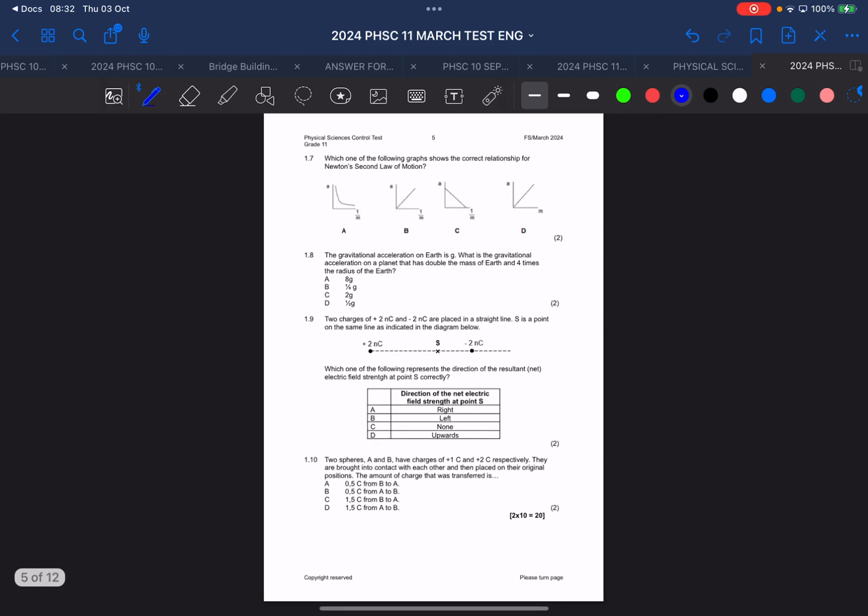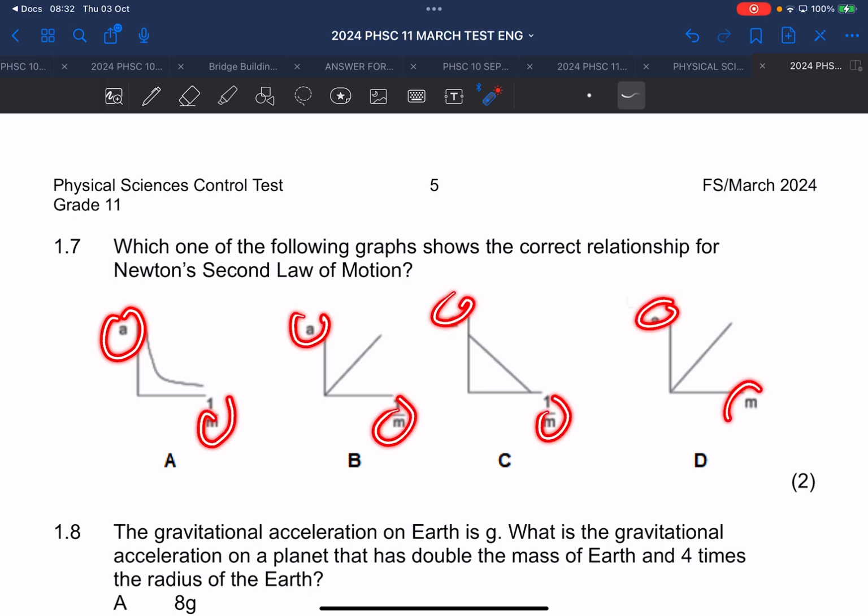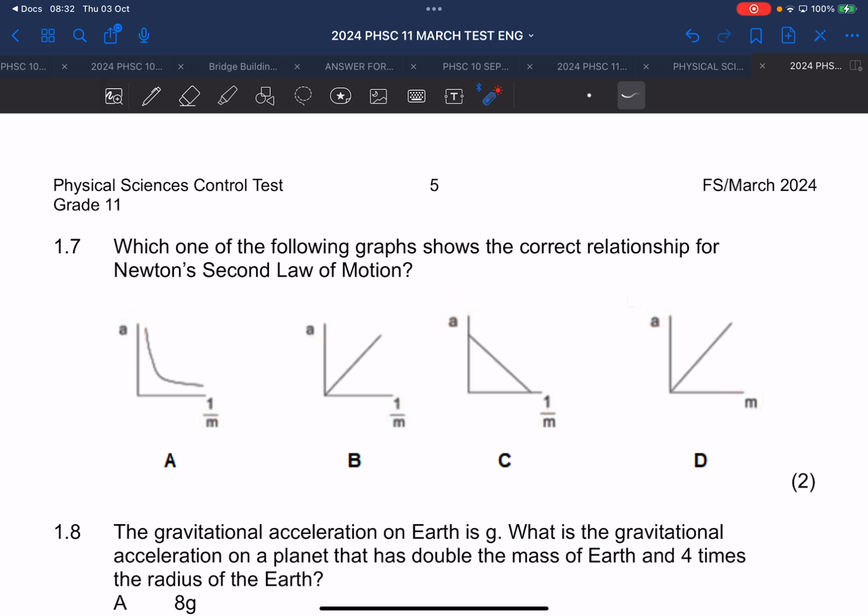Okay, 1.7. It says there, which one of the following graphs shows the correct relationship for Newton's second law of motion? Okay, let's just see what they have. They have acceleration, mass. Now I must just be careful. This is 1 over mass, and just mass. Okay. Where are we with our questions?